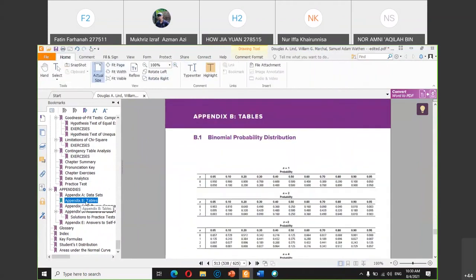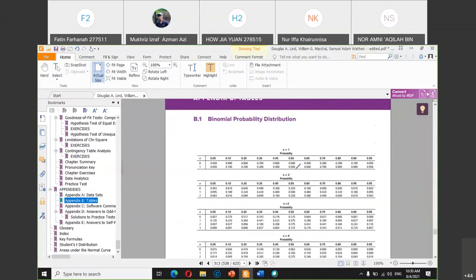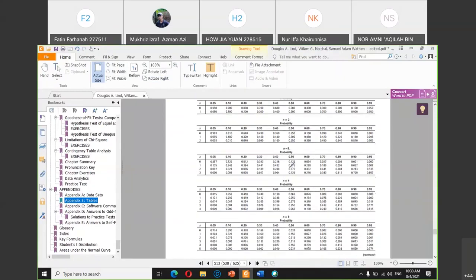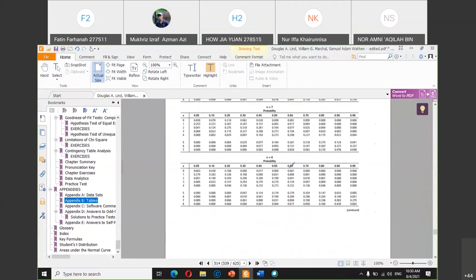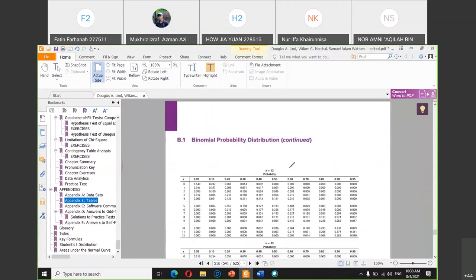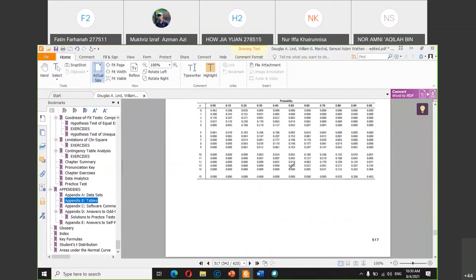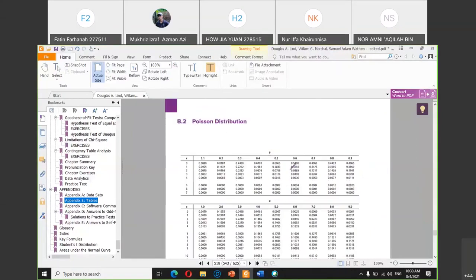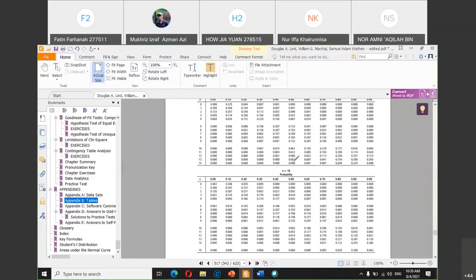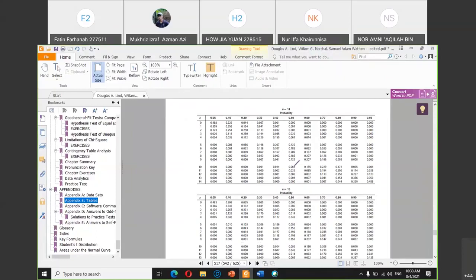In the appendix of tables, you have the binomial probability distribution table. Here you are given n equals 1, 2, 3, 5, 6, up to the biggest value of n, which is 15. So if the number of trials in your question is between 1 and 15, then you can refer to the table to get the answer.